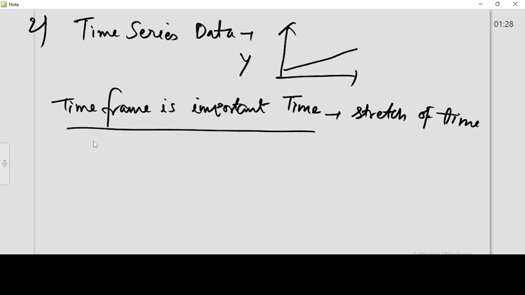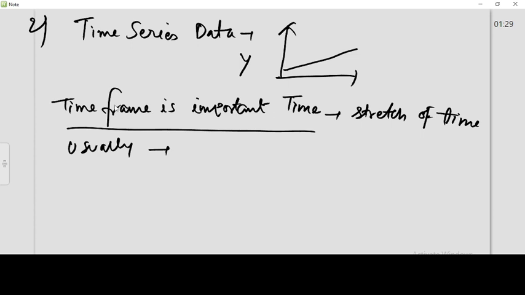Usually your data at different time frames can be correlated. The GDP that we have in 2023 can be correlated to the value of GDP in 2022 due to multiple reasons. We will talk about correlation and causality in a different video. This is just to make you understand what time series data is. So this is your time series data.